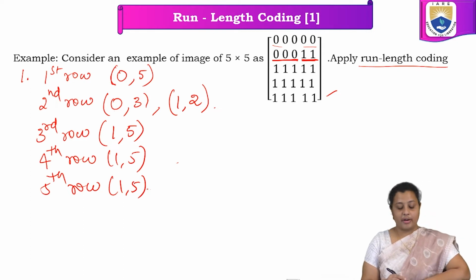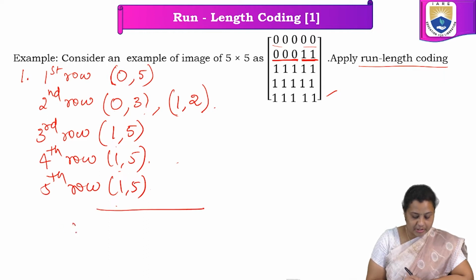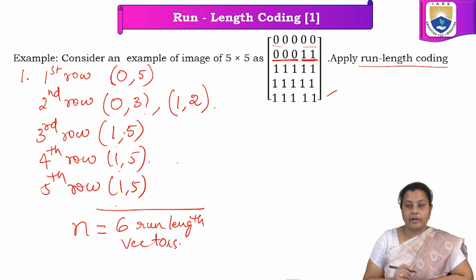So the vectors are 0, 5, 0, 3, 1, 2, 1, 5, 1, 5, 1, 5. How many vectors do we have? We represent that by small n. The n value is 1, 2, 3, 4, 5, 6. So we have 6 run length vectors.